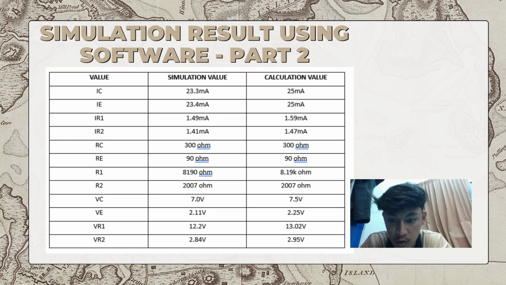Simulation value for VC is 7.0 volt, and calculation value for VC is 7.5 volt.